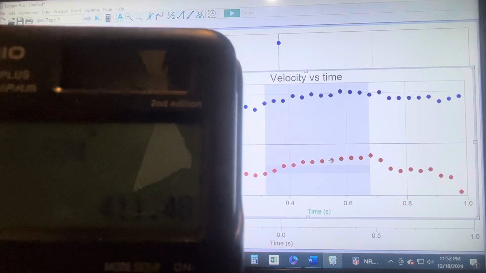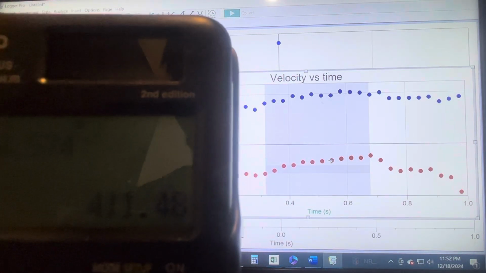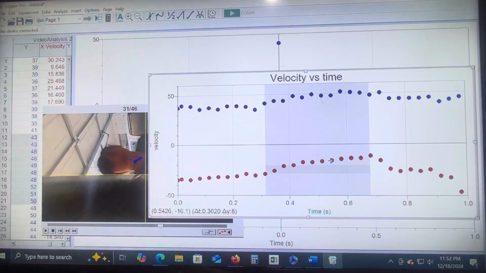It's a little blurry, but it's 411.48 meters per second.